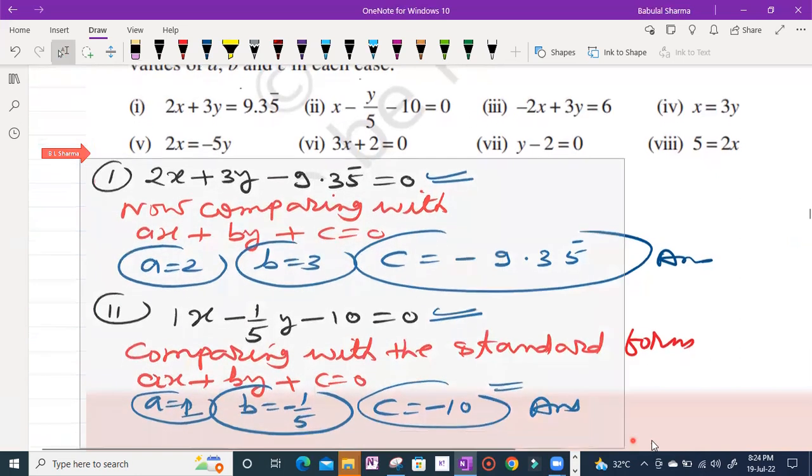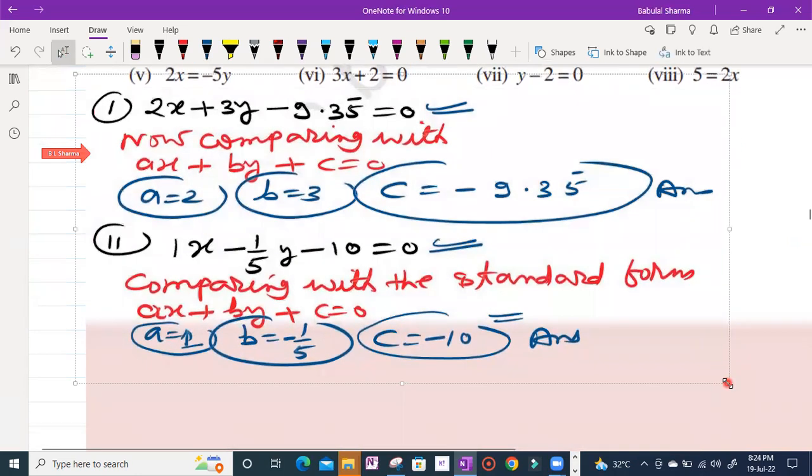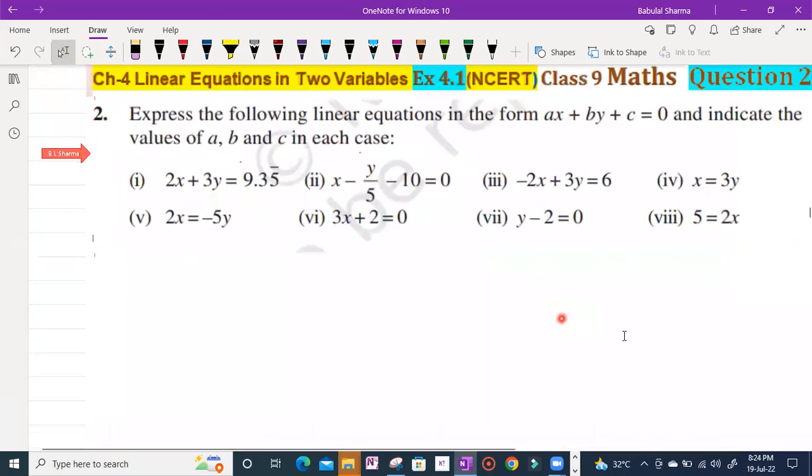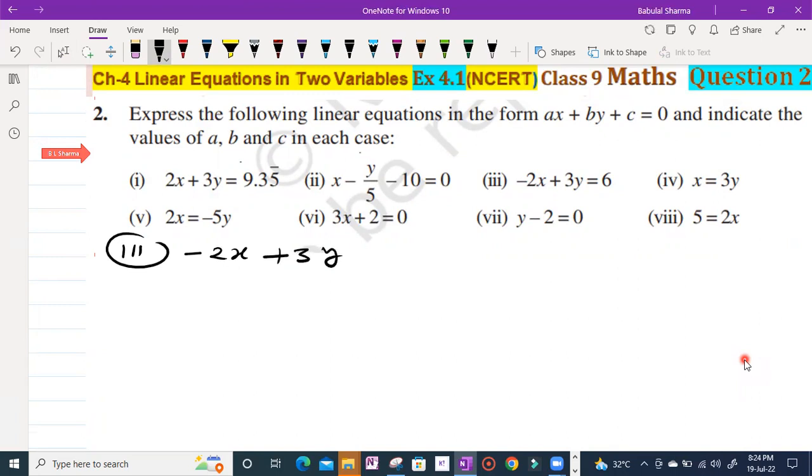Now, for the next part, that is part third. Third part here is, say, -2x plus 3y is equal to 6. Further, we can write -2x plus 3y minus 6 is equal to 0.